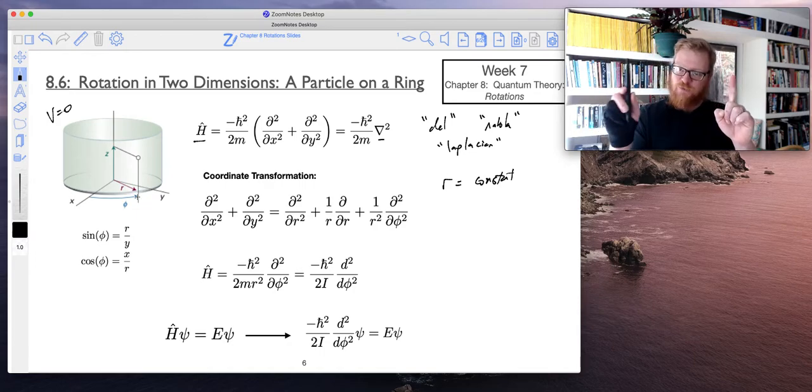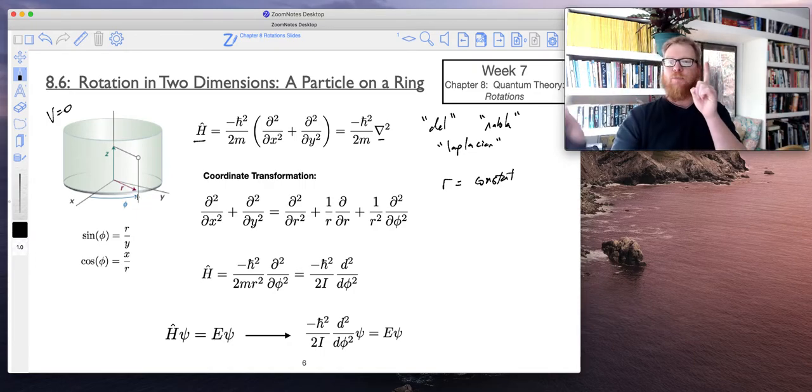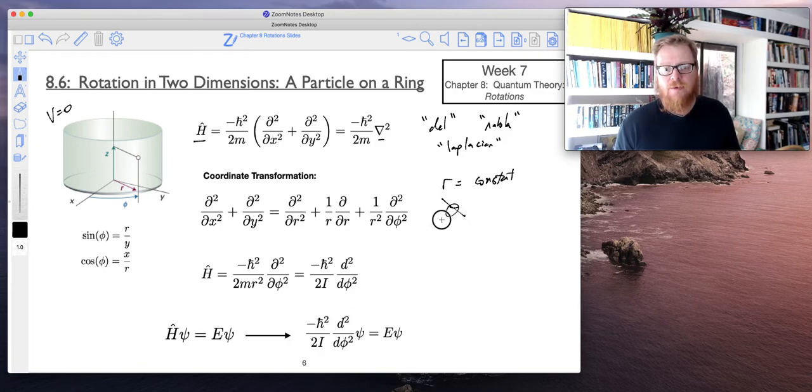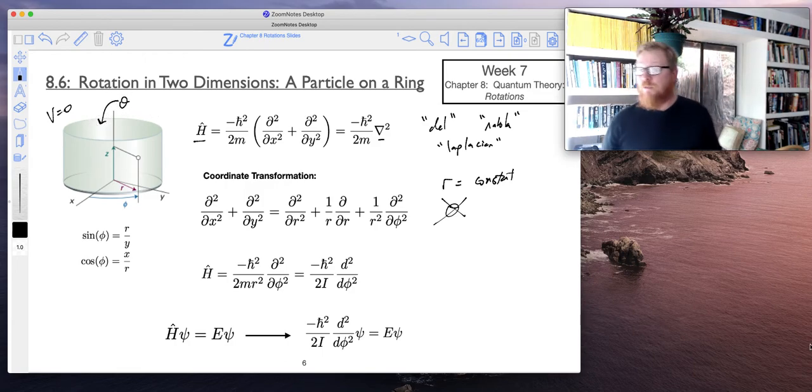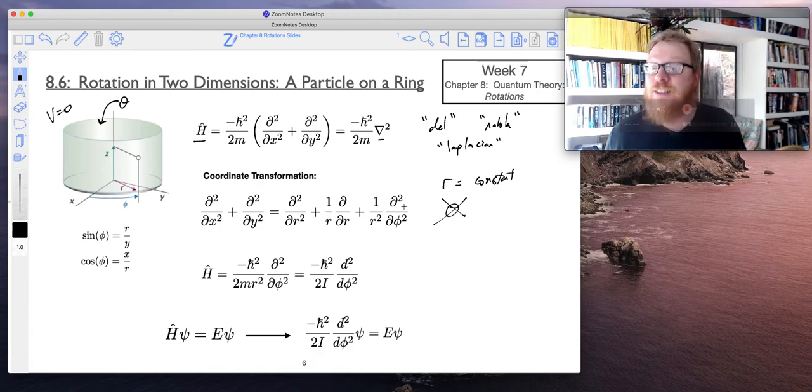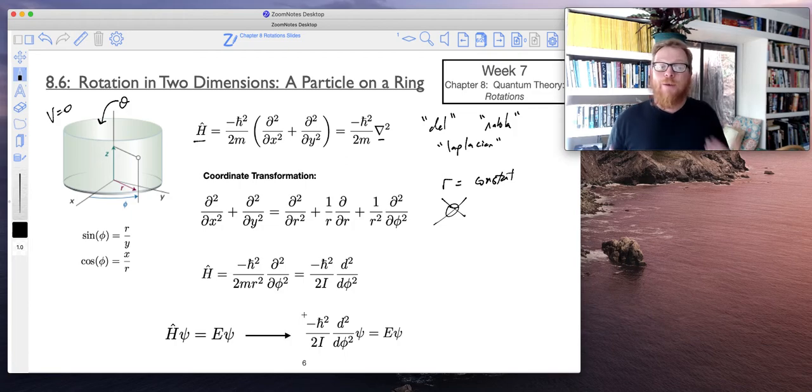We're just going to say it's fixed at one radius, spinning right round, baby, right round. We're also going to be ignoring theta, because theta goes in this dimension. We'll eventually have to think about the theta dimension when we turn this into a particle on a sphere. But for now, the only thing that we actually care about is the partial in phi.